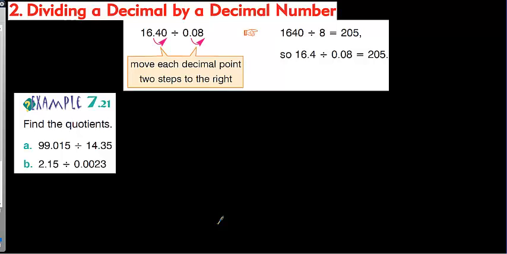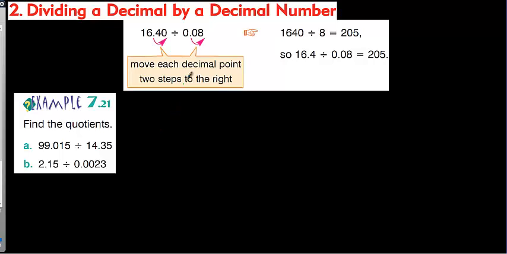Now I'm going to divide a decimal number by a decimal number. Here the logic depends on one of them, which is the dividend. We are going to try to make it a whole number. When we make this one a whole number, we are going to do the same operation on the other side.